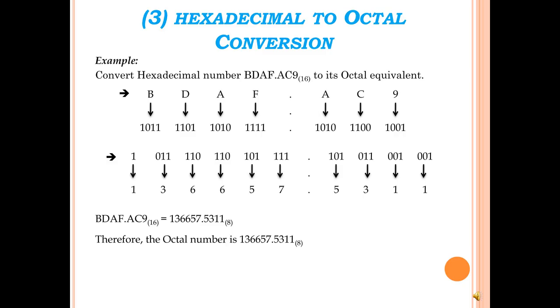So B is representing 1011, D representing 1101, A representing 1010, F representing 1111, A representing 1010, C representing 1100, 9 representing 1001.